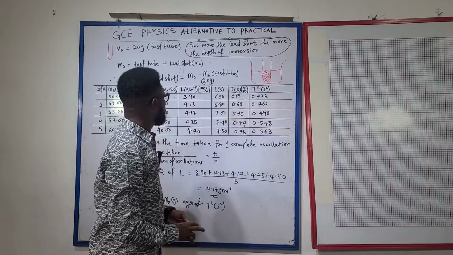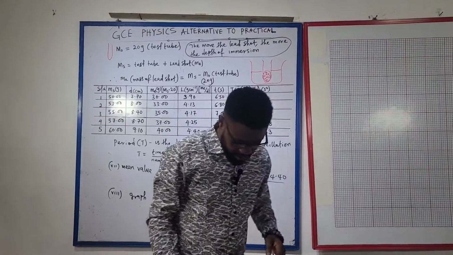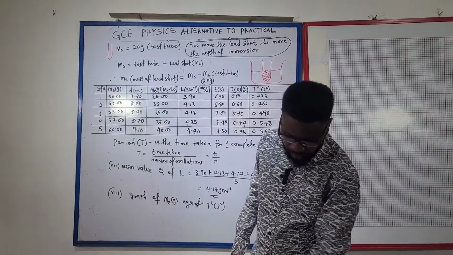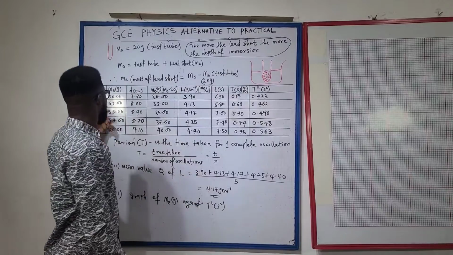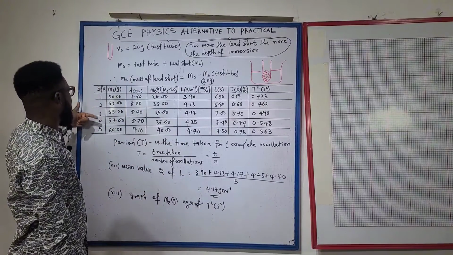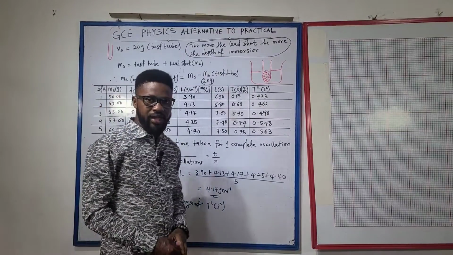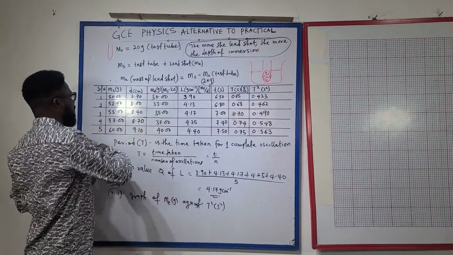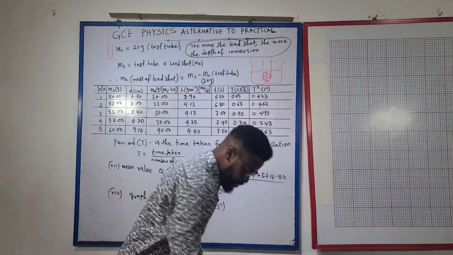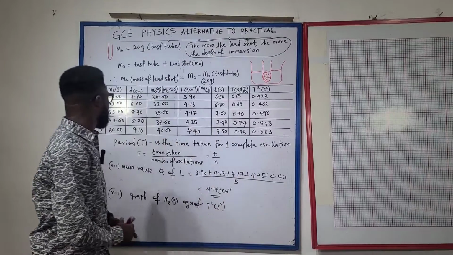Okay, straight into it. The first instruction we were given is we were told to record the masses MX of the loaded test tube, as you can see in figure 1a. For the first recording, that's why I have serial number 1 to 5 here, because the experiment here was performed repeatedly 5 times, so that we get accurate result.